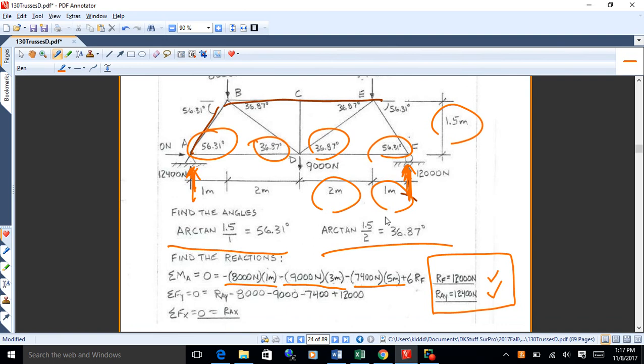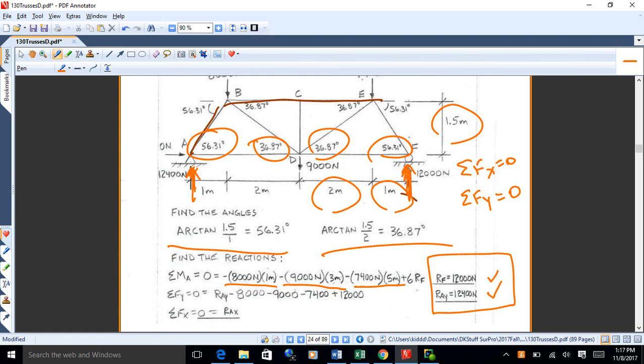Now, once you got that stuff figured out, you start working your way through the joints. So now we're going to break the truss up into pieces, the members, and start solving for them. Okay? And we're going to use equations of equilibrium. We've got 2 of them that we can use on a joint, sum of Fx and sum of Fy. So we got 2 equations we can use for each joint.